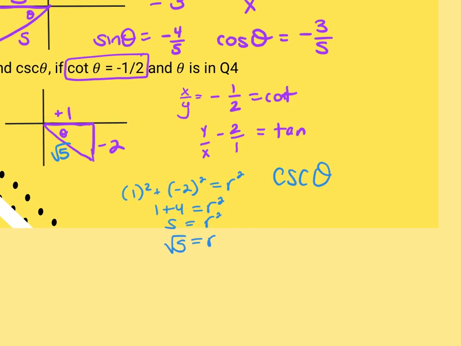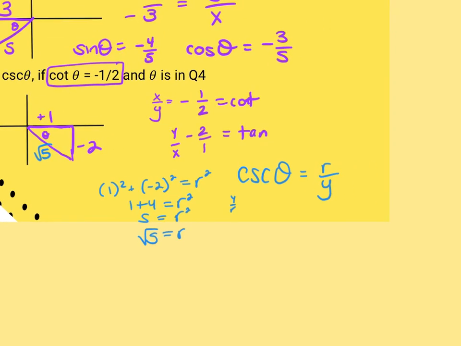Cosecant's the reciprocal of what? Sine. So if sine is y over r, then cosecant is r over y. R is the radius, which is the square root of 5, and the y is negative 2.